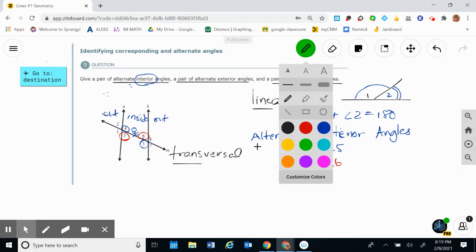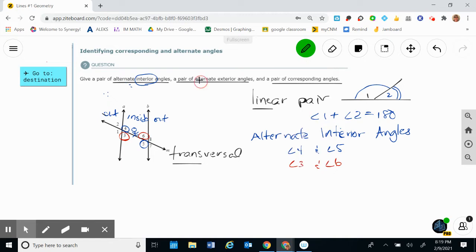Okay, then let's do alternate exterior angles. So alternate, again, means on the opposite sides of the transversal, alternate exterior, but now we're going to be on the exterior angles. So we're not in the inside anymore, we're on the outside. So this is alternate exterior. 2 and 7 are alternate exterior.